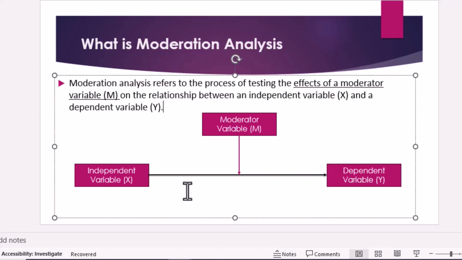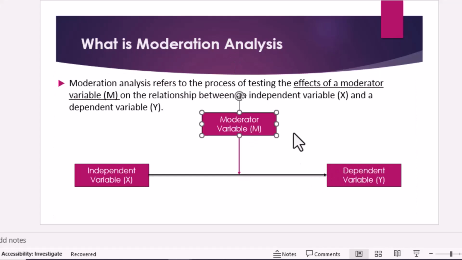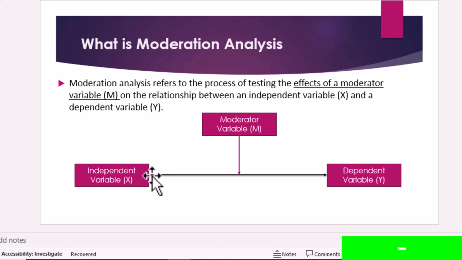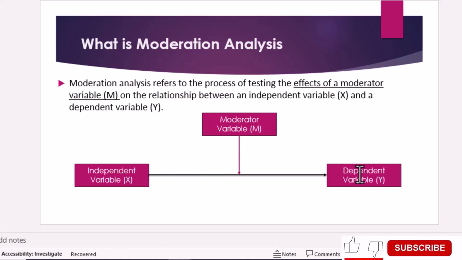We already know that the independent variable affects the dependent variable, but then there comes another external variable which influences this relationship. What you want to see is how the third variable, the moderator variable, influences the relationship between the independent and the dependent variable. That is what we call moderation analysis.